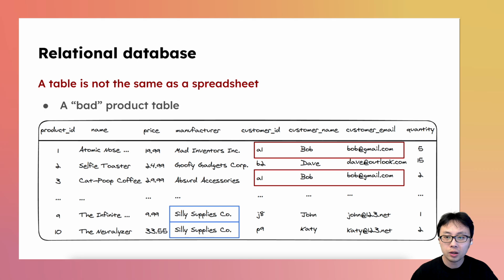But the table requires us to provide valid customer information whenever we want to add a new row. The contradicting requirements leave us in an awkward situation. We can't add any new products at all. This problem is known as the insertion anomaly. In short, a table can only represent a single entity or a relationship between entities.